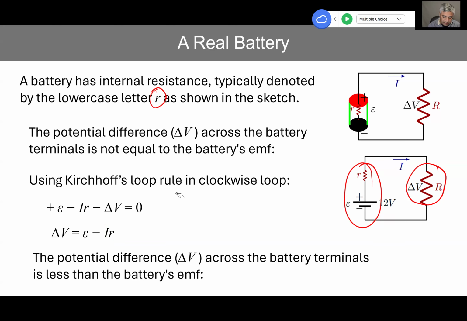So for example, if there is only 1 ampere current flowing, and let's say this resistance is 0.1 ohm, then how much energy drops? I times R, that's 1 times 0.1. Okay, so that's going to be the drop in potential difference, that many volts.